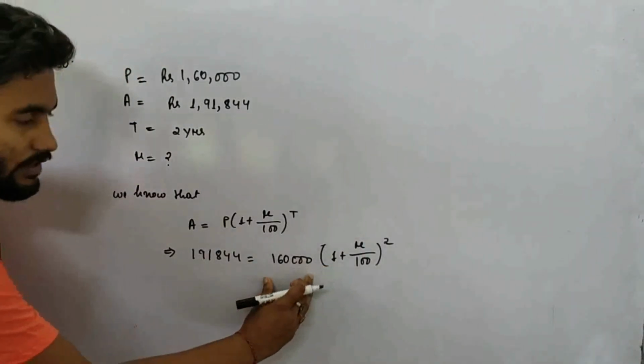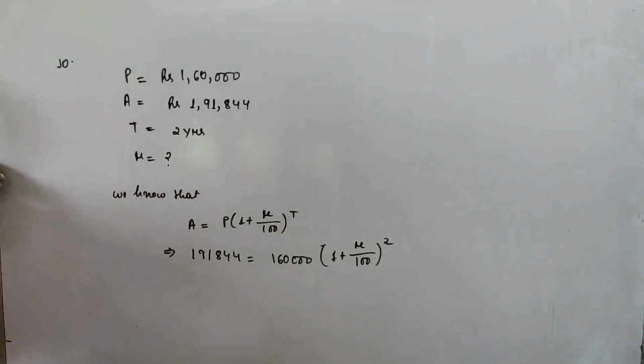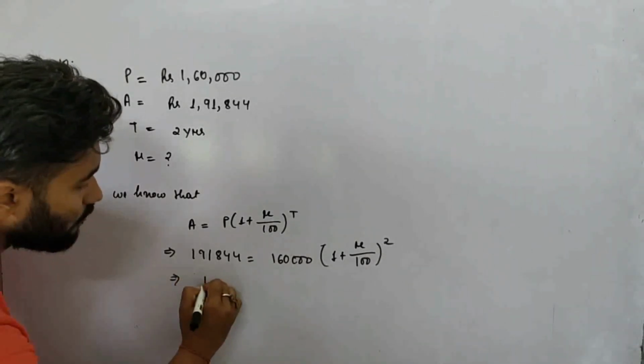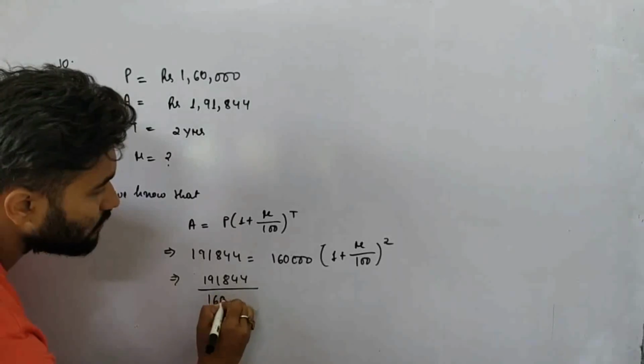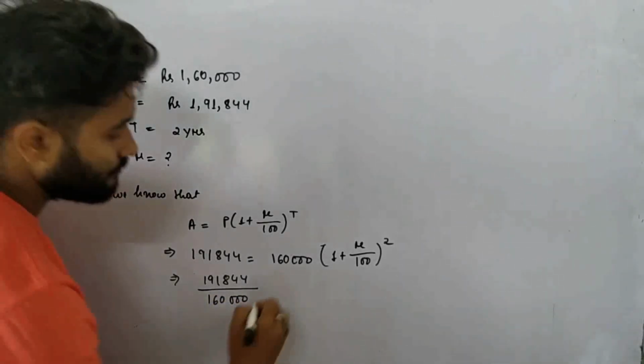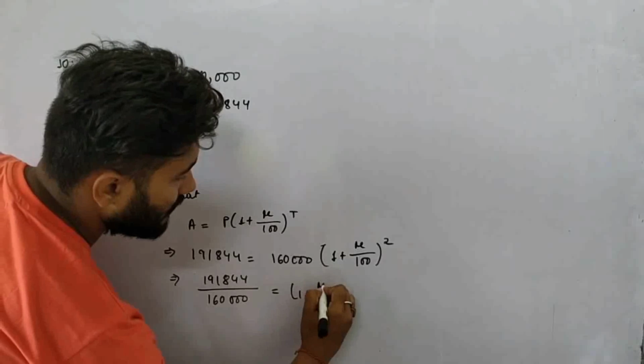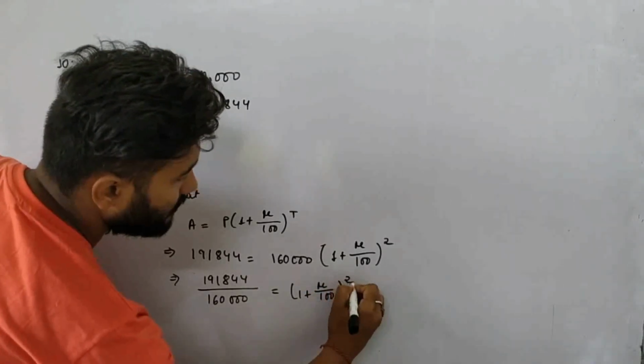This is a product over here, so it will go over there, then division will happen, right? So which implies 191,844 divided by 160,000 is equal to 1 plus R by 100 whole squared.